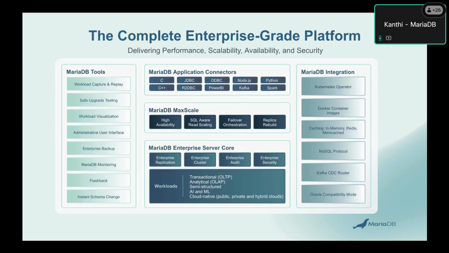So this is the entire ecosystem. At the bottommost layer, you see the MariaDB Enterprise Core. This is the place where the action happens. You can see the multiple different ways of handling workloads is possible under one roof, with all the new features, AI and ML, semi-structured data support, everything possible under this Enterprise Core engine.